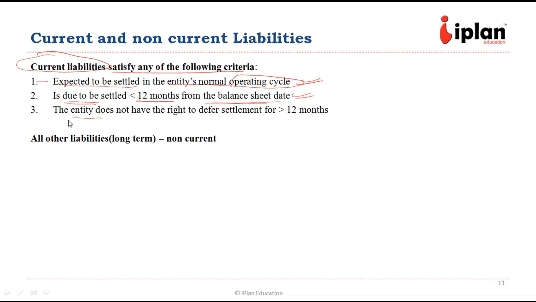And the third criterion is if the entity does not have the right to defer the settlement of this liability beyond 12 months, then it can be categorized as a current liability. So except these cases, all other liabilities which are long-term are non-current liabilities. So non-current liabilities could be long-term bonds, etc.